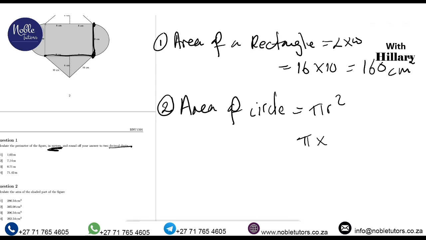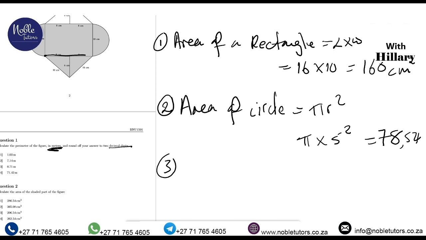We already have the radius, which is half of the diameter. And our diameter here is 10. So half of 10 is 5 squared, which will give you 78.54.